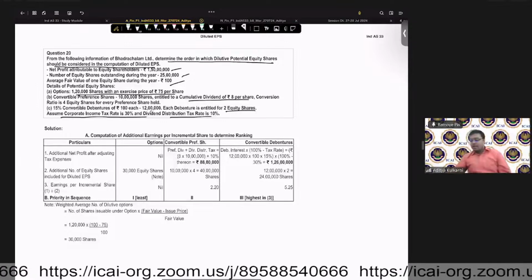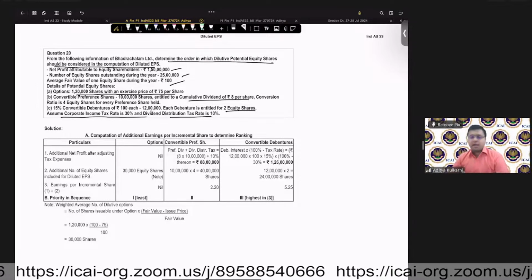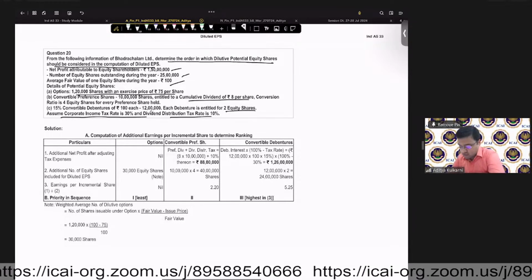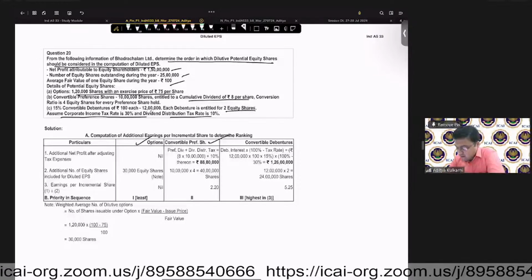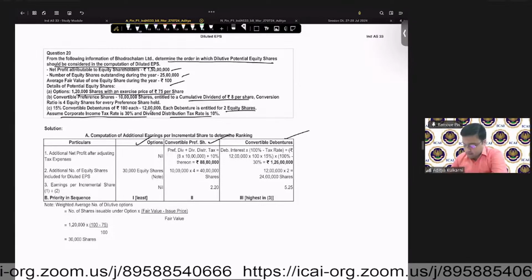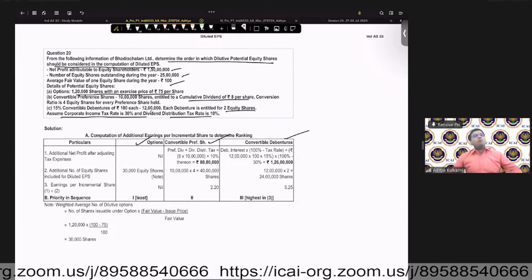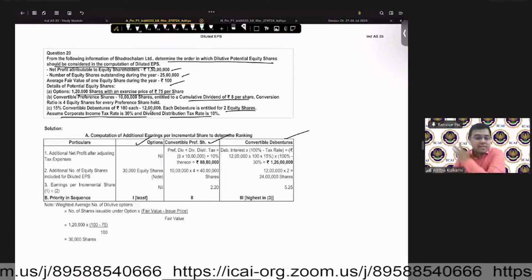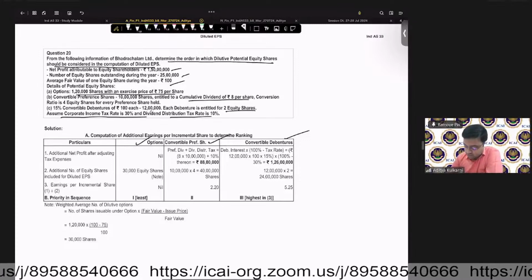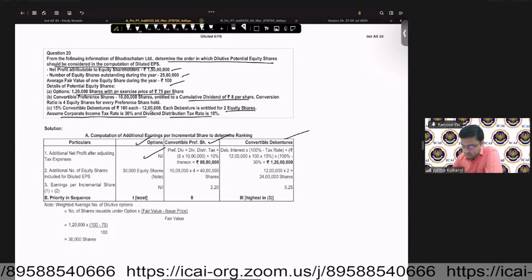So we are only required to determine the order which you will consider. We have three categories: options, convertible preference shares, and convertible debentures. When the option holders exercise the option, will I have any additional net profit? Answer is no, so this is 0.